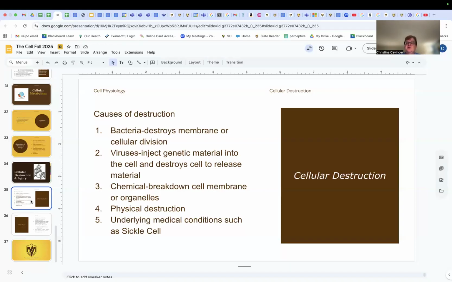And because it's misshapen, it doesn't have a good affinity for oxygen. So the tissue becomes hypoxic because there's no oxygen being delivered because of these sickle-celled RBCs.